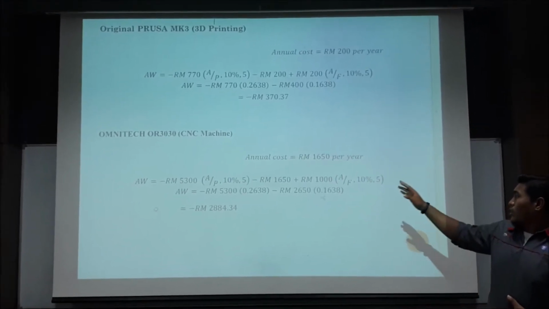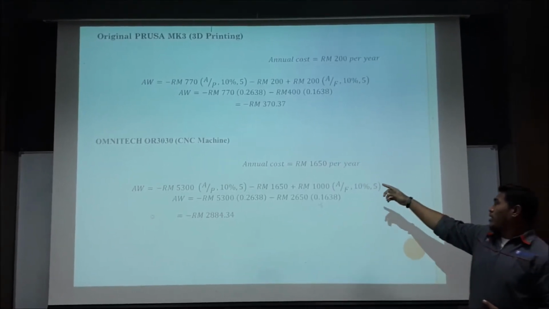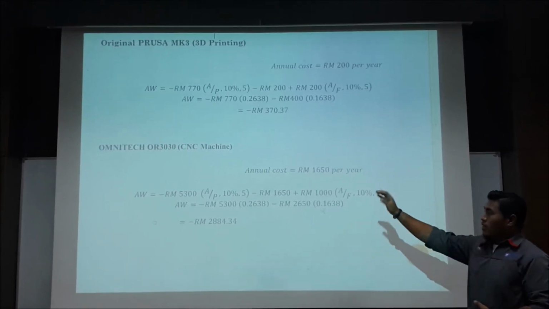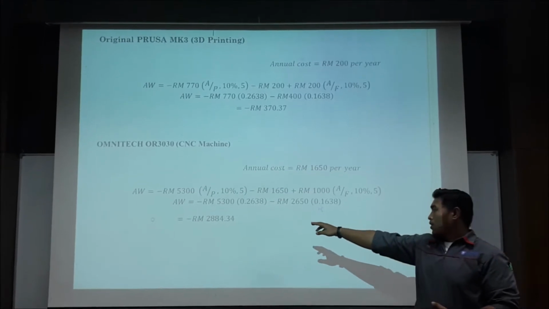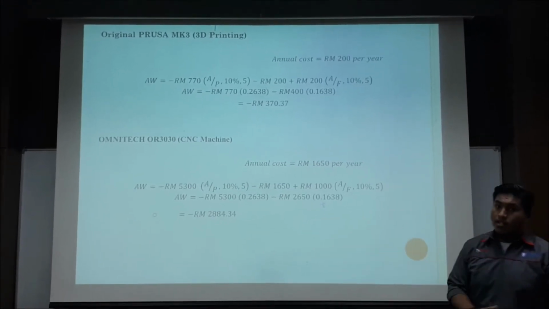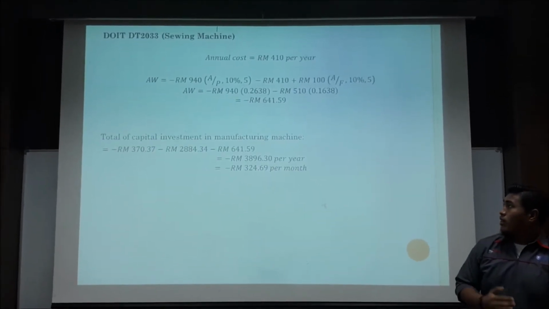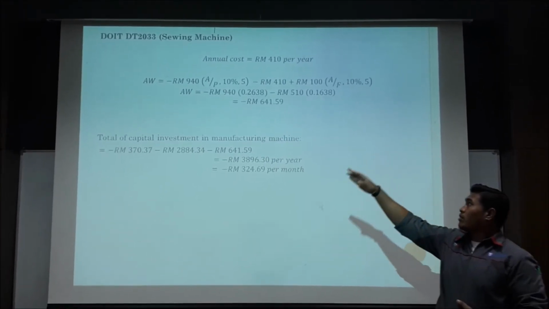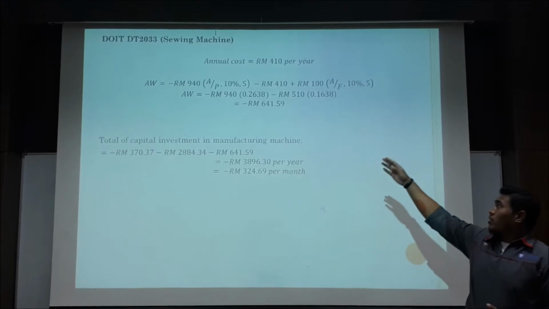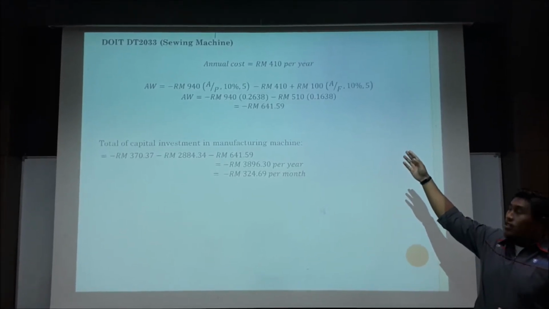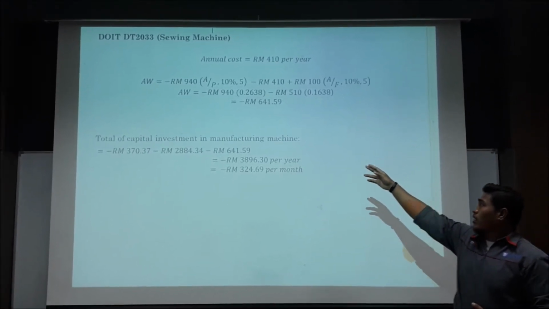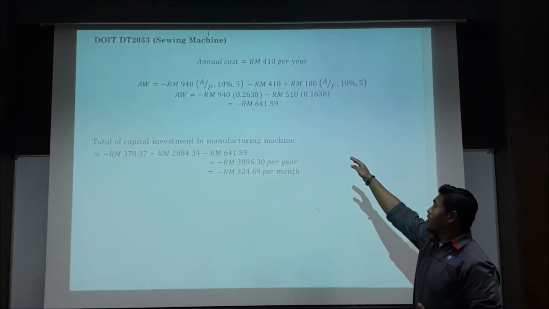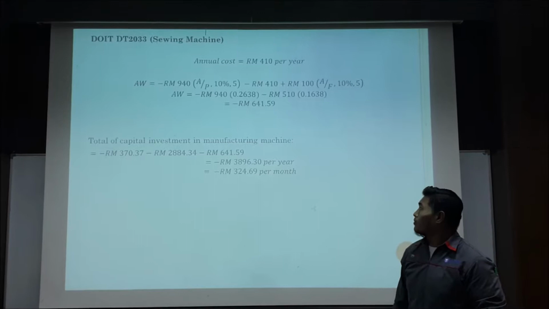The annual cost for this machine is about RM1650 per year, and the AW is about -2884.34. The last one is the Do-It DT 2033 sewing machine, with an annual cost of RM410 per year, and the AW is about -641.59.